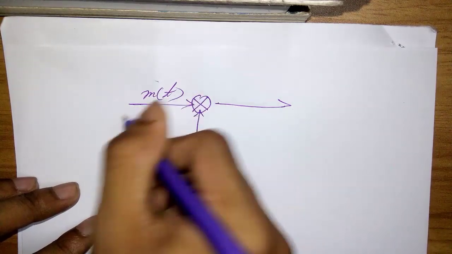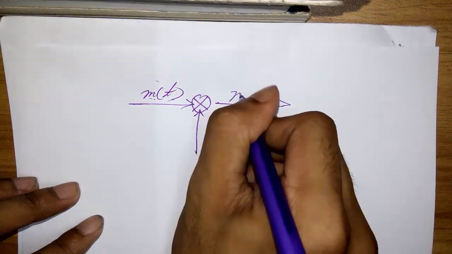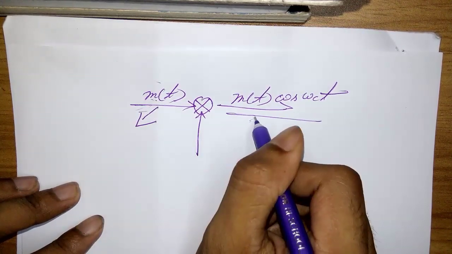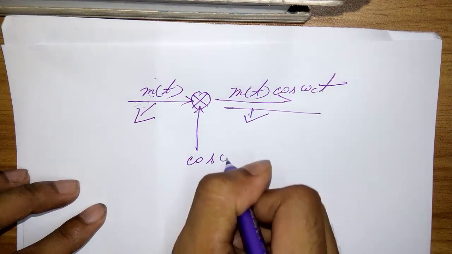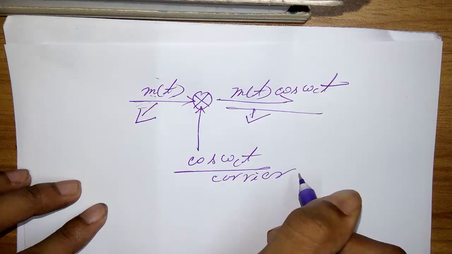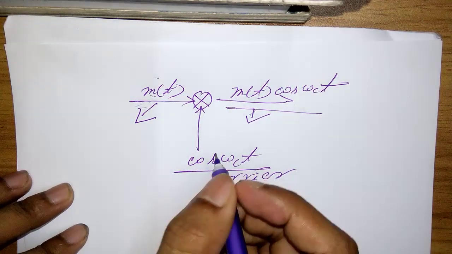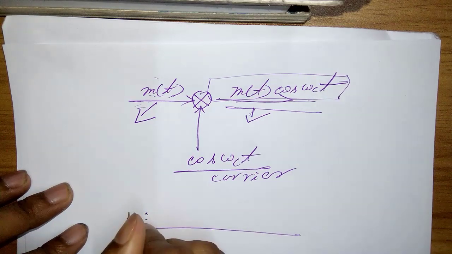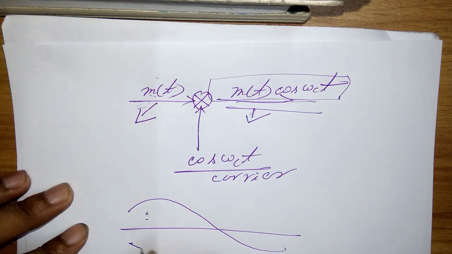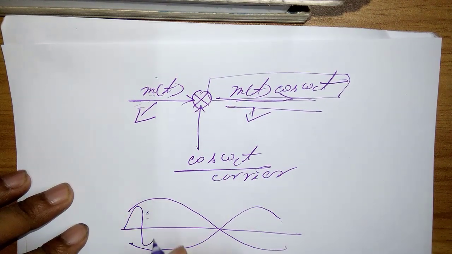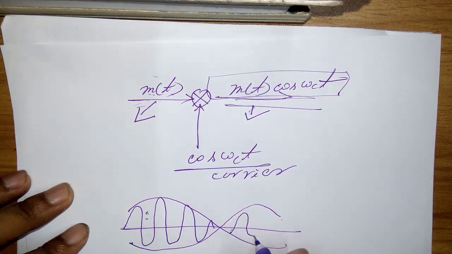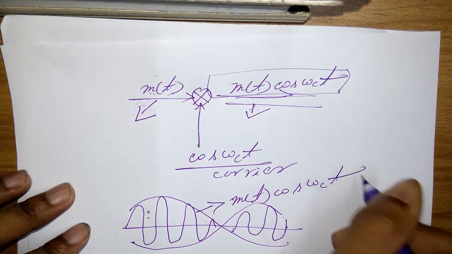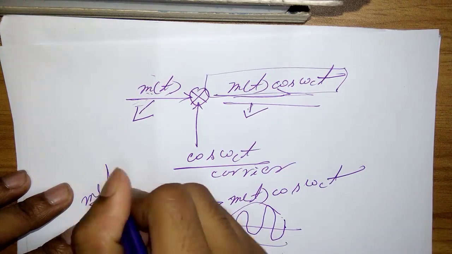Here m of t is the modulating signal, and next is m of t cos omega c t, that is the modulated signal, and here cos omega c t is the carrier. Here is m of t cos omega c t, and that is m of t, the message signal.